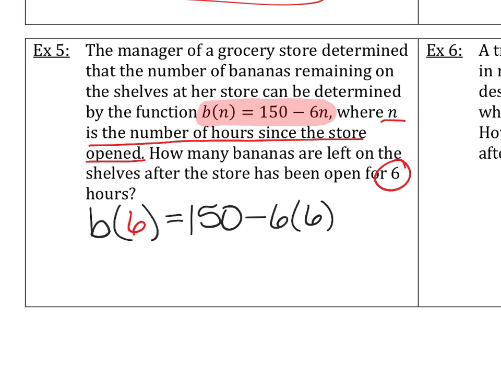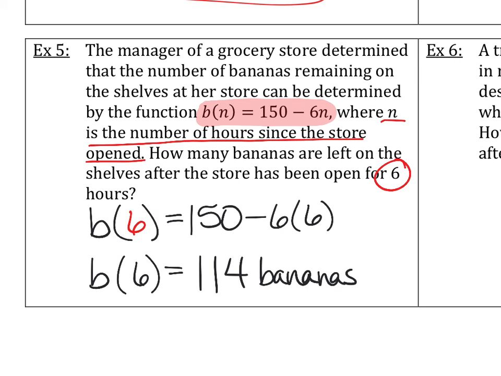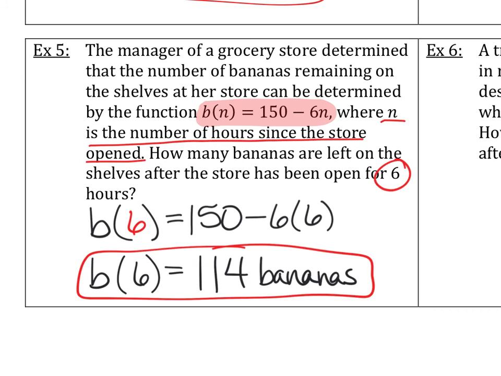So how many bananas do I have on my shelves after 6 hours? 114. 114 bananas. That's how many bananas I have left in my store. Good to know in case I was doing stockpiling or I was trying to take an inventory. These are things that business owners have to know.